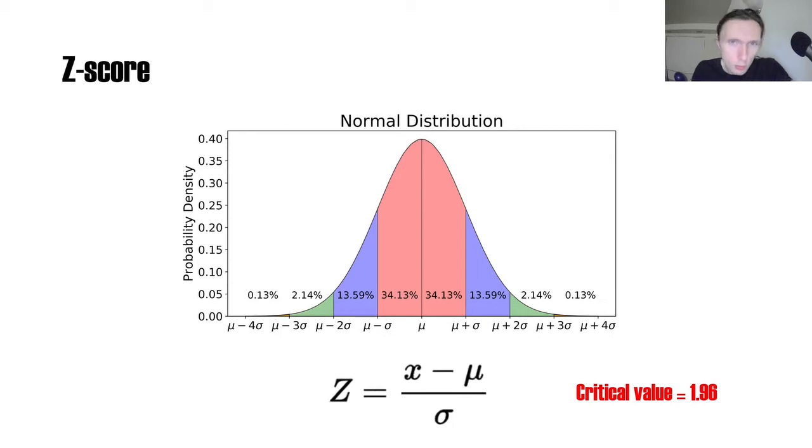And in psychology and statistics, we typically take a 5% value. And this 5% value is 2.5% on the right and 2.5% on the left. So everything that is larger than 1.96 or 2 standard deviations to the right, and everything that is more than 2 standard deviations to the left, that is a very unlikely score.